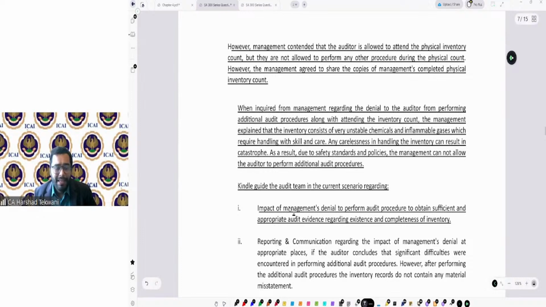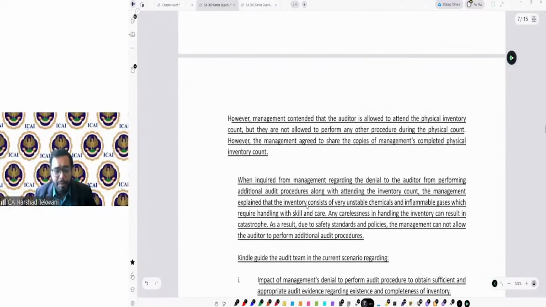Okay, that is the first part we need to answer. The question is the impact of management denial to perform audit procedures to obtain sufficient and appropriate audit evidence regarding existence and completeness of inventory. Now you need to understand that we are talking about the auditor's responsibility with respect to obtaining sufficient and appropriate audit evidence.